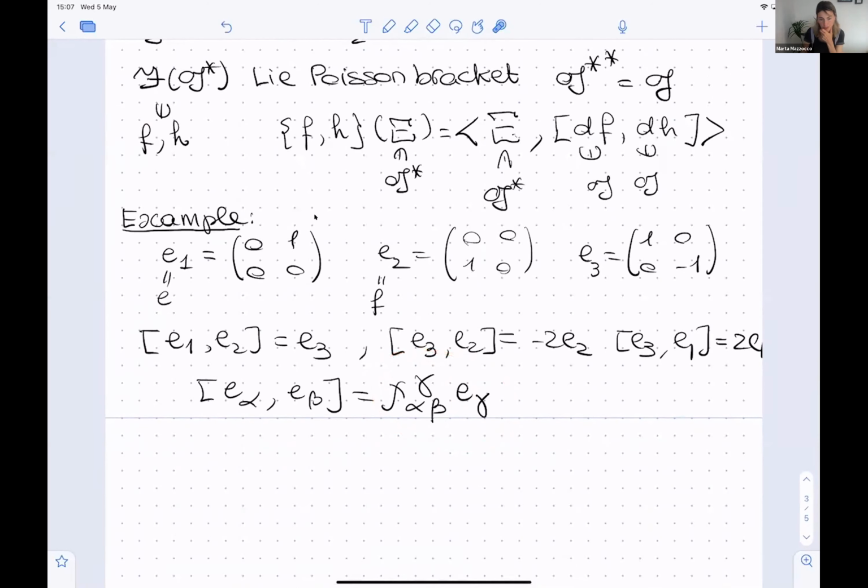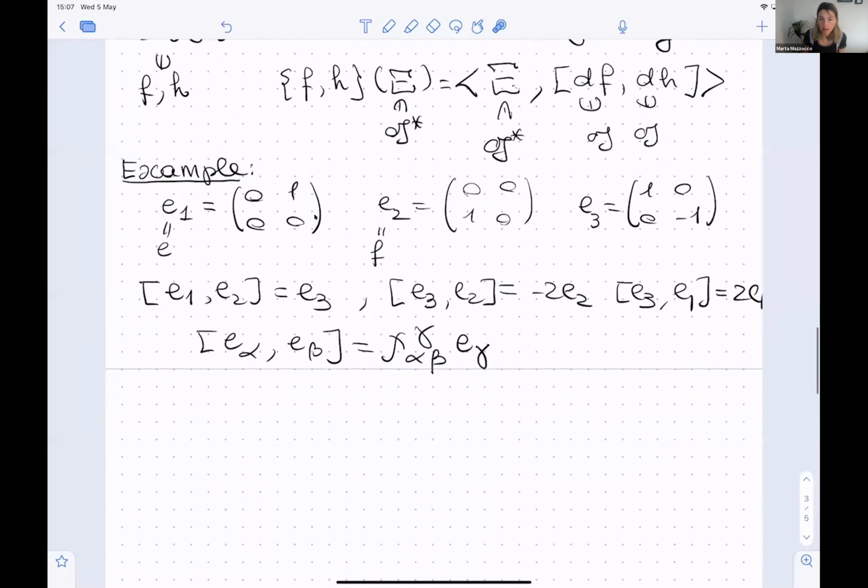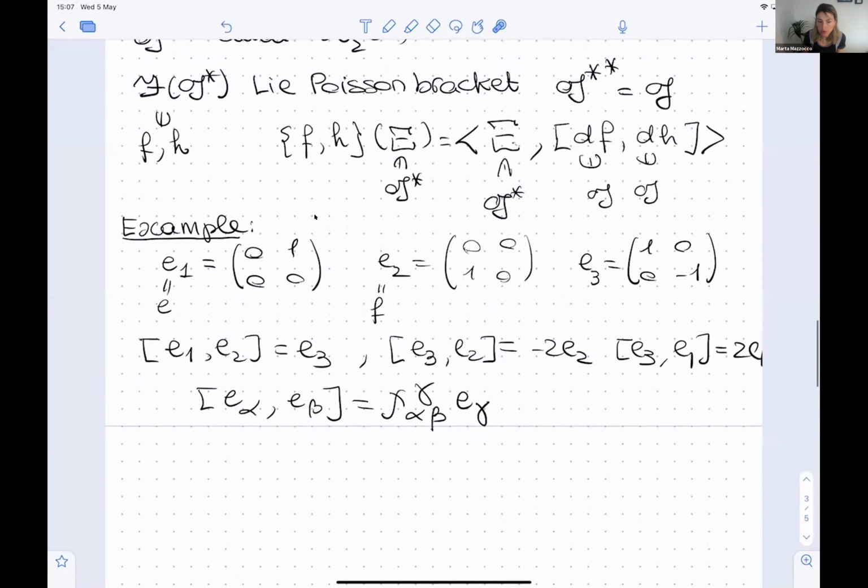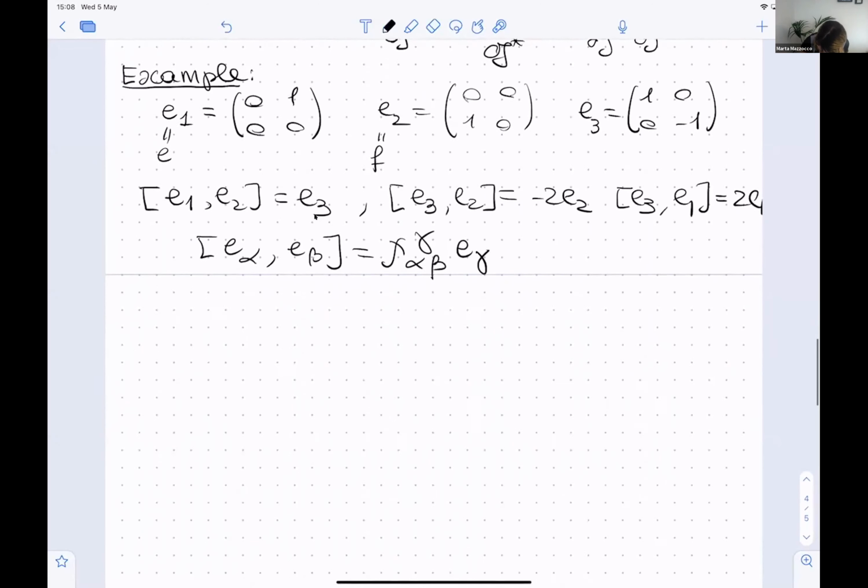Okay, Einstein convention. So then we can compute the Poisson bracket. First of all, this is in the Lie algebra G, so I need to take the dual.